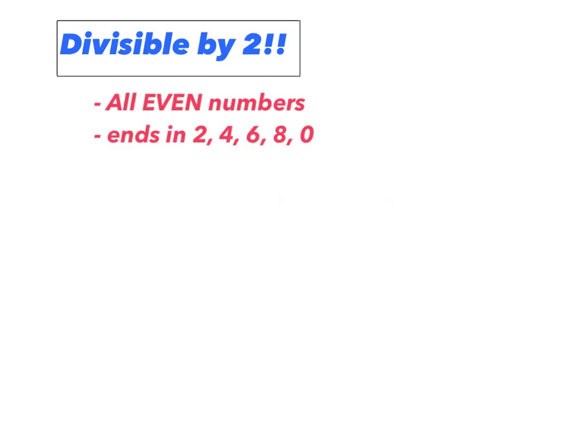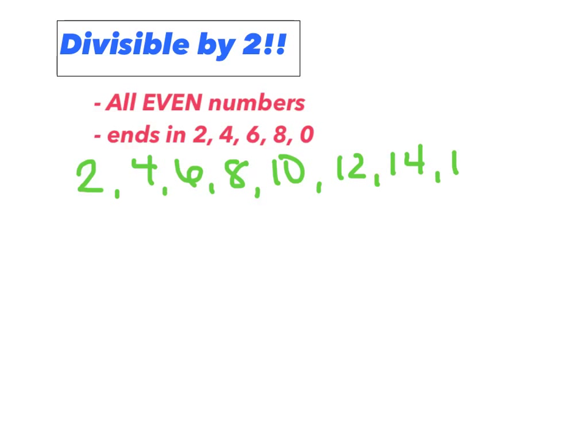Our multiples of 2, if I were to start writing them in order, would be 2, 4, 6, 8, 10, 12, 14, 16, 18, 20, and you could go on and on and on. And if you look, they all end in a 2, 4, 6, 8, or 0. Those are all even numbers. You can divide those all by 2.